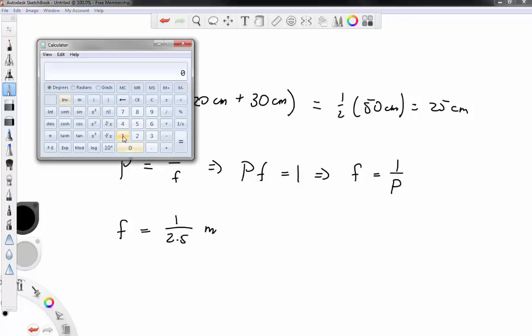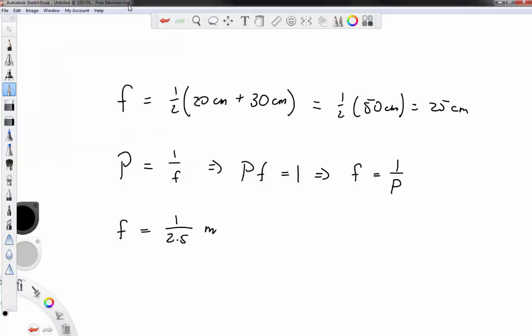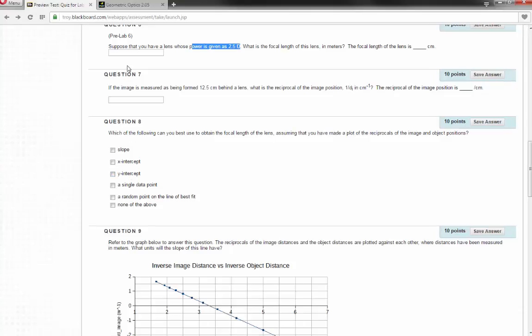If you need to, you can divide 1 by 2.5. You should get about 0.4, so a focal length of 0.4 meters. The question asks for the focal length in meters, so we put the answer as 0.4. Okay, next question.